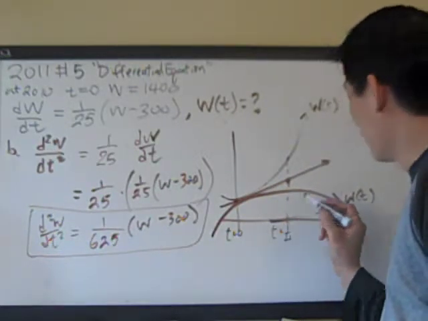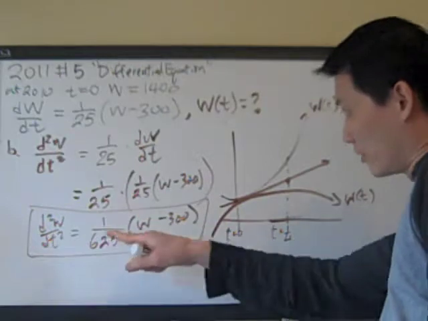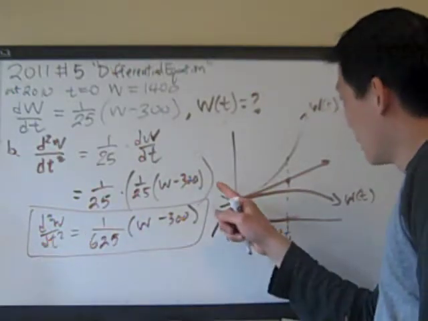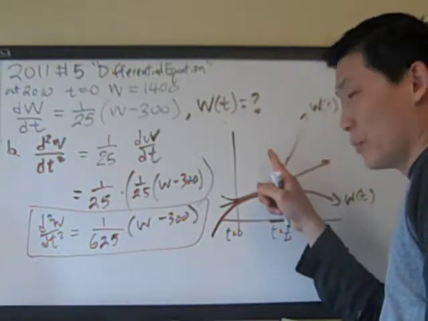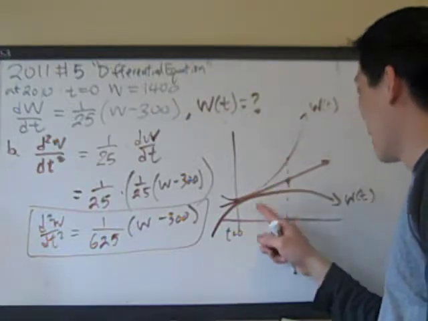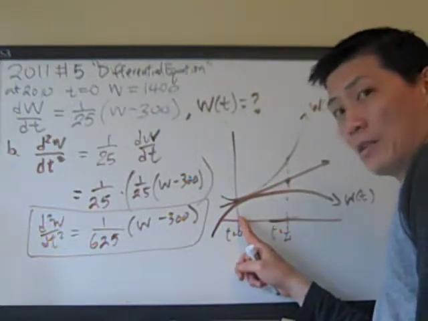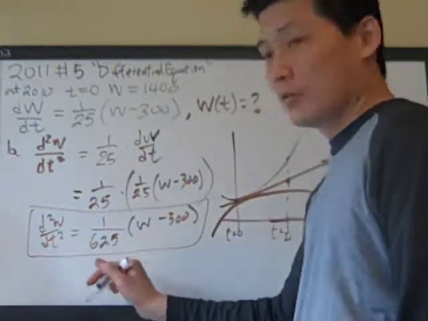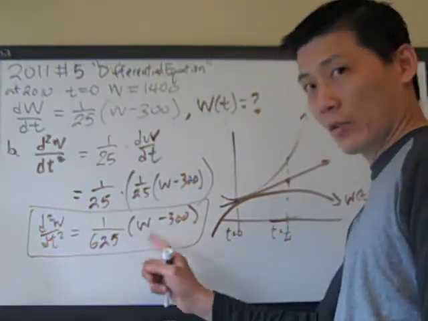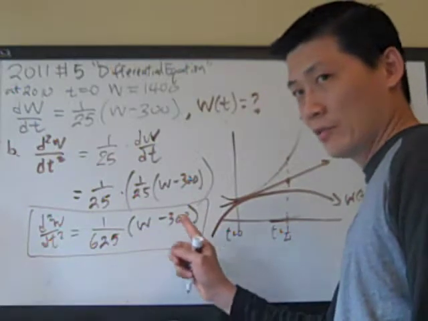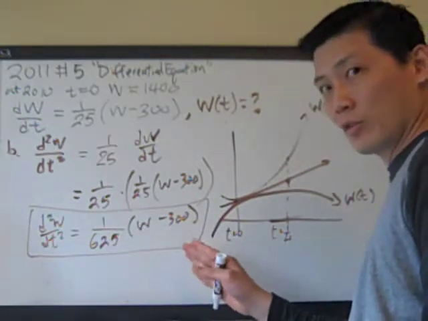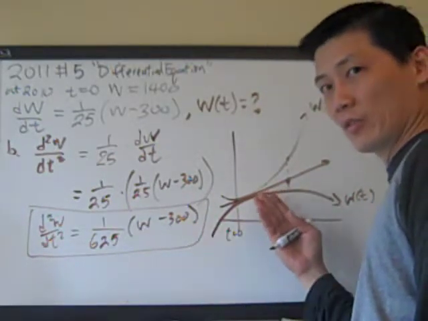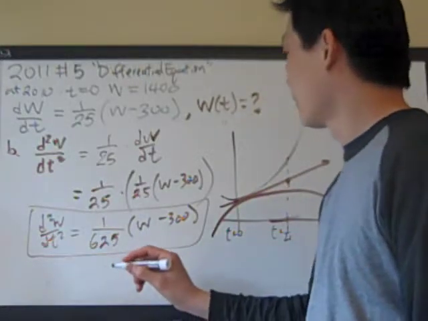The concavity of w of t depends on the second derivative. Concave up has a positive second derivative, and concave down has a negative second derivative. So what we need to figure out is whether the second derivative is positive or negative, and it will determine whether we have an overestimation or underestimation.